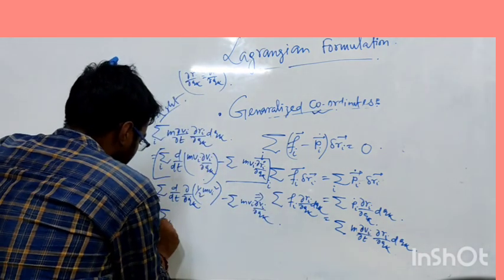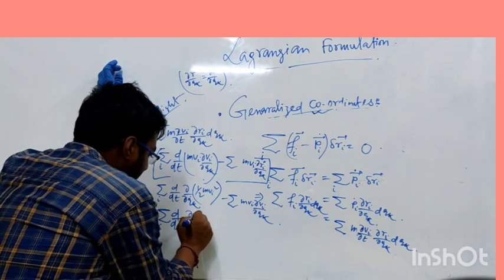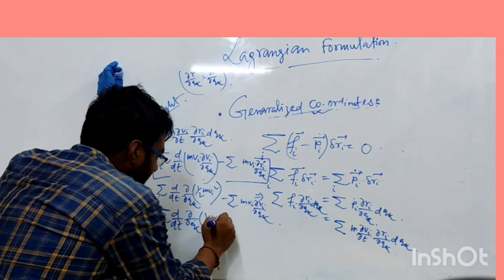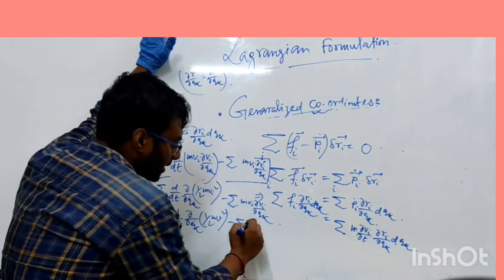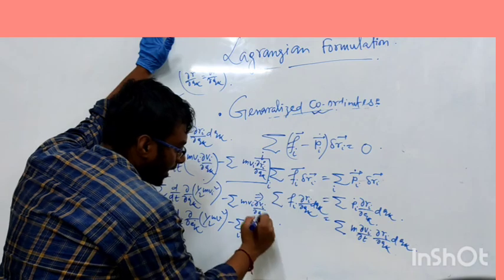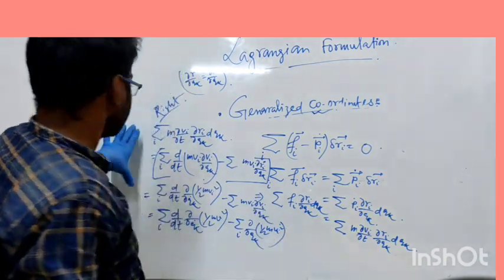So from this equation we will get d/dt of del Qk dot half of m V square minus summation over i del of del Qk half of m Vi square. That is the right hand part.